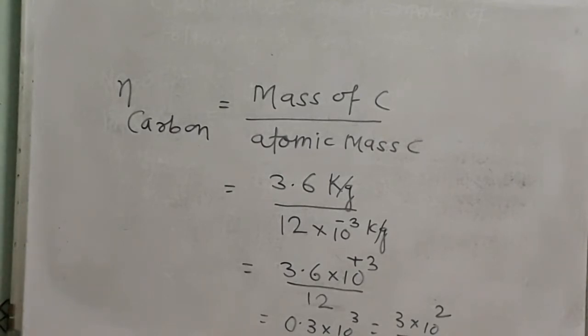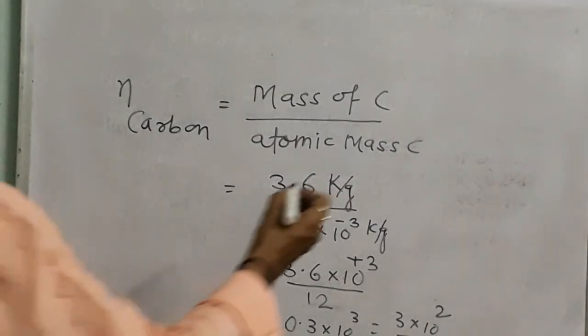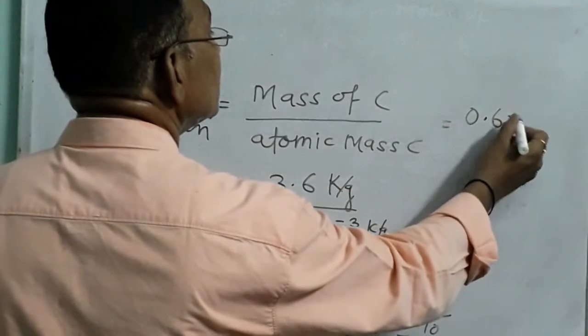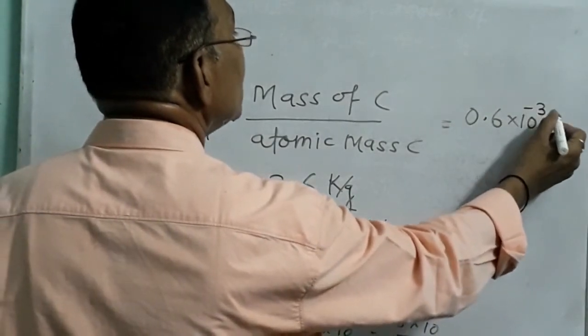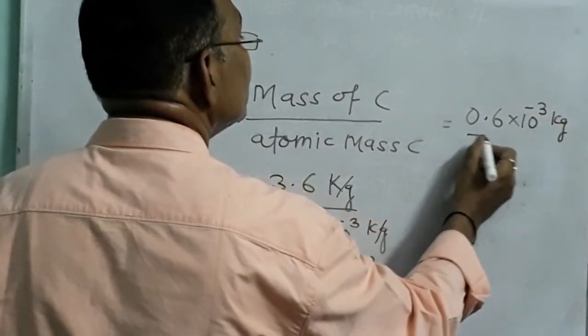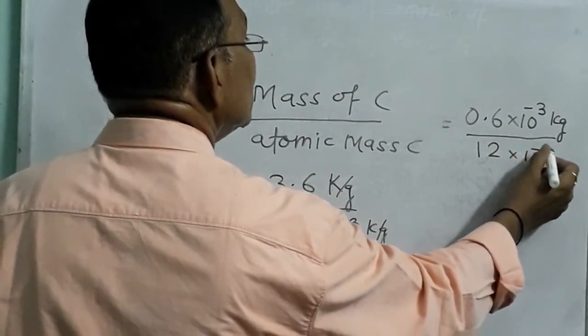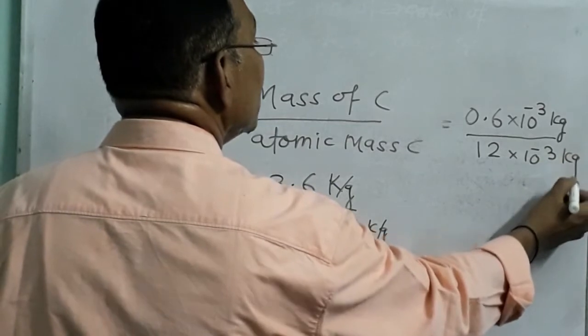Now see the next question that appears on your screen, 0.6 into 10 to the power minus 3. So I will write here 0.6 into 10 to the power minus 3 kilogram. Now this is divided by atomic mass of carbon to be taken in kilogram, 12 into 10 to the power minus 3 kilograms.